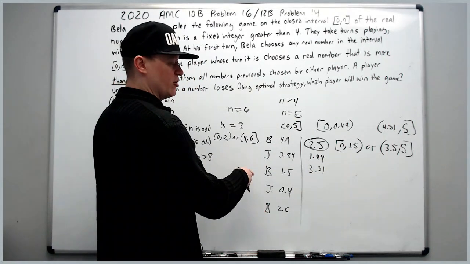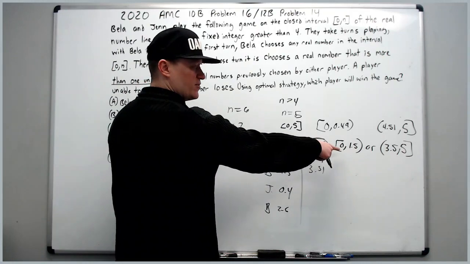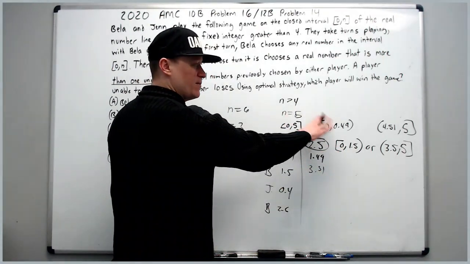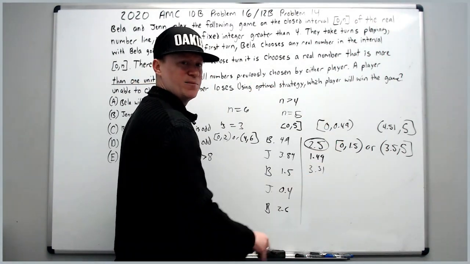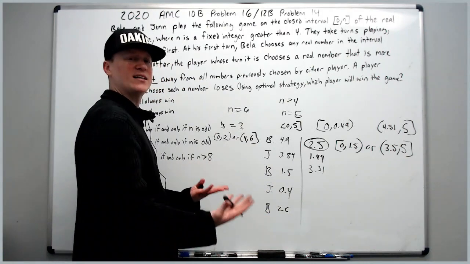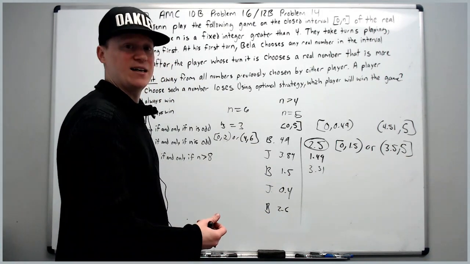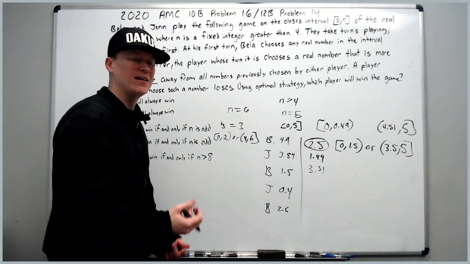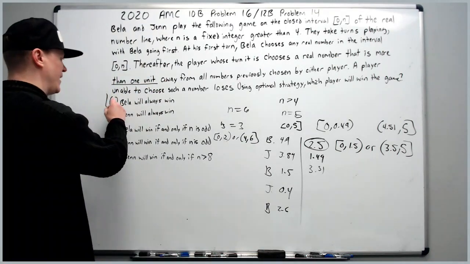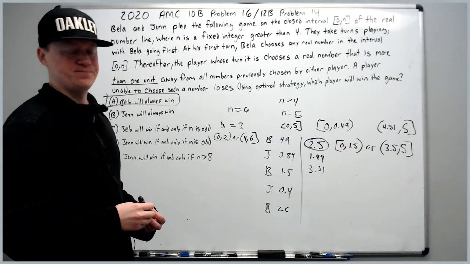Now, if Jen chose the blocker strategy, like we said, of 0.75 to eliminate this interval, then Bella eliminates the other interval and just consistently mirrors whatever Jen does. In this way, Bella will always win, and the answer is A.